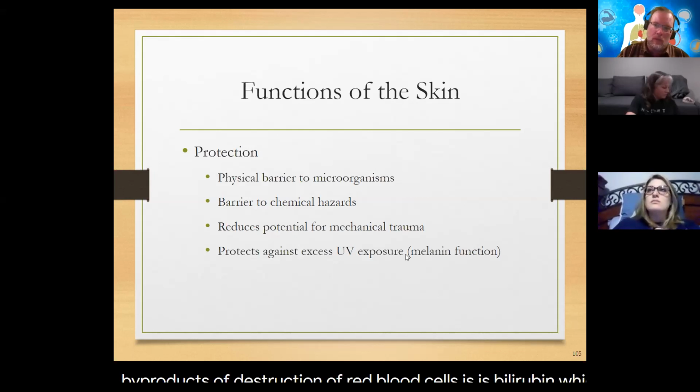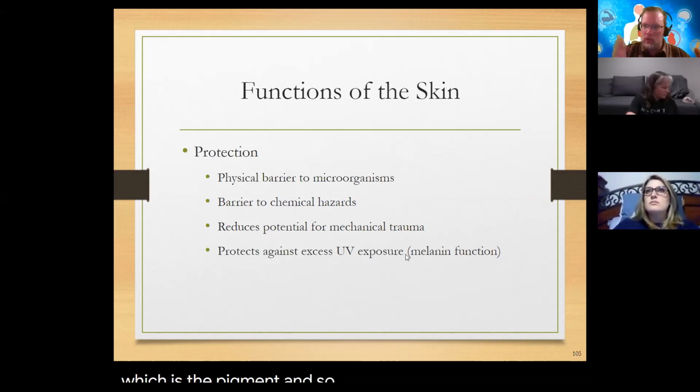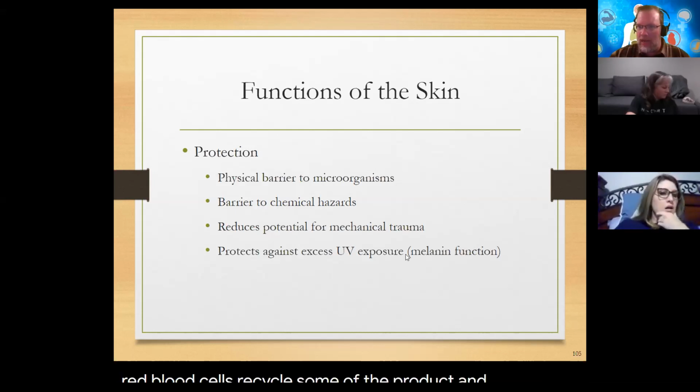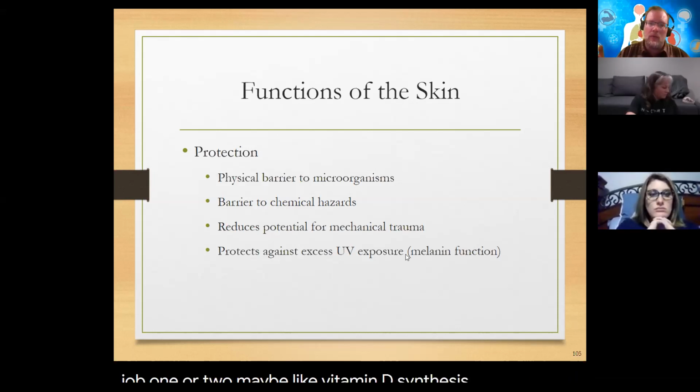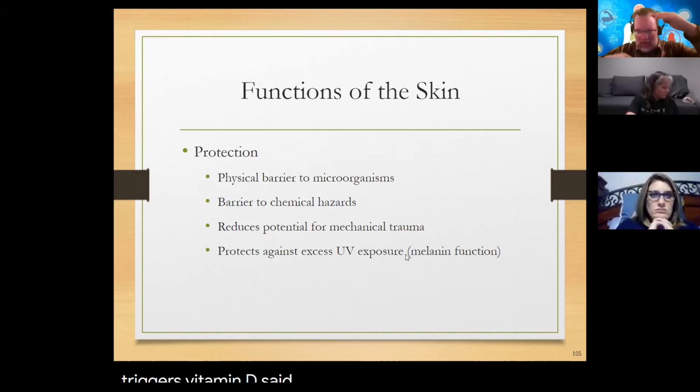So the liver destroys red blood cells, recycles some of the product, and makes bile with it, stores it in the gallbladder. That's job 5 or 10. Job 1 or 2 may be something like vitamin D synthesis. So if UV triggers vitamin D synthesis, basically what I'm doing is reprioritizing the liver's duties.